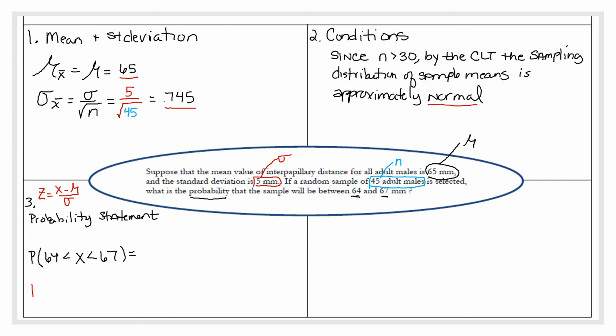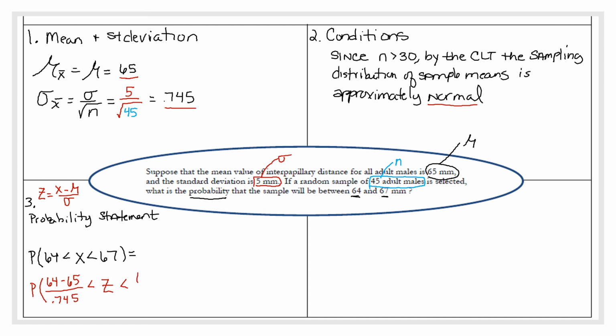So I'm going to put probability, and then 64 minus the mean, which is 65, divided by the standard deviation, 0.745, which is less than z, because I'm converting them to z-scores.